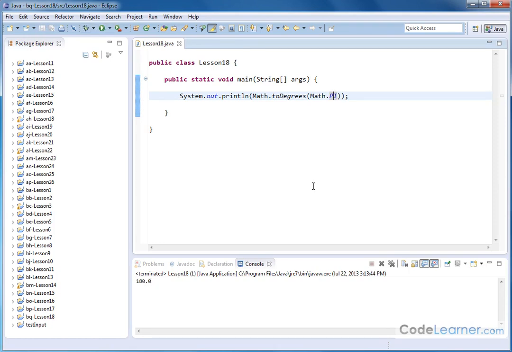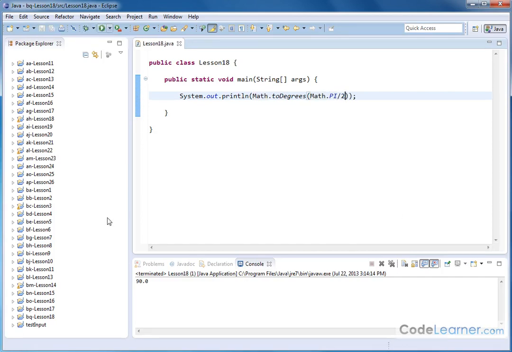So for those of you who are studying any kind of trig or calculus and are using Java to do calculations between degrees and radians, you know that pi radians, which is the number we put in here, is equal to 180 degrees. You also know that 2 times pi, or 2 pi radians, should be equal to 360 degrees, which is exactly what we have here. And finally, another one that we like to use a lot, pi over 2 radians.